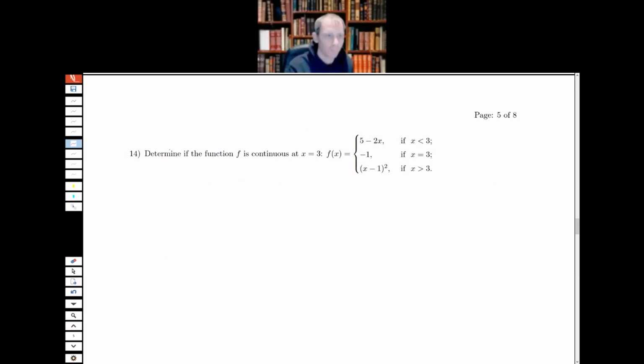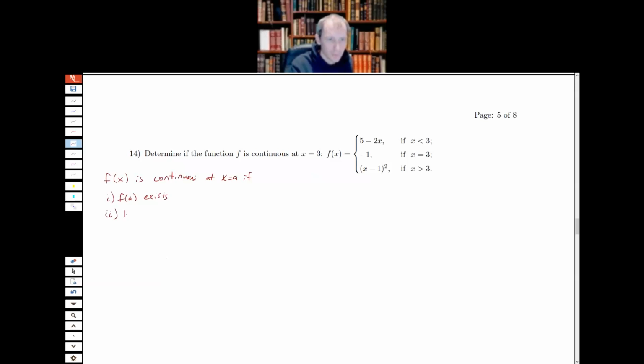So before I get going on this problem, we'll just have a little reminder of what it means to be continuous. f(x) is continuous at x equals a if we have three things. One, f(a) exists.